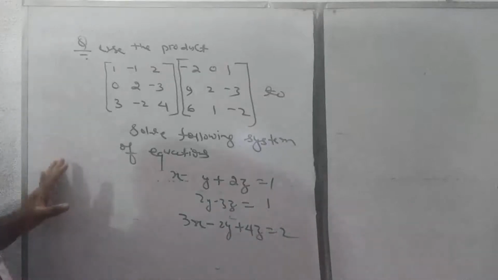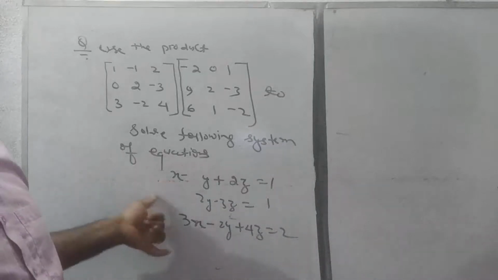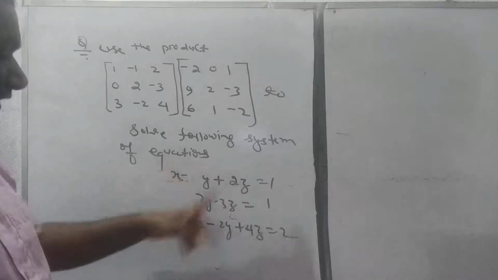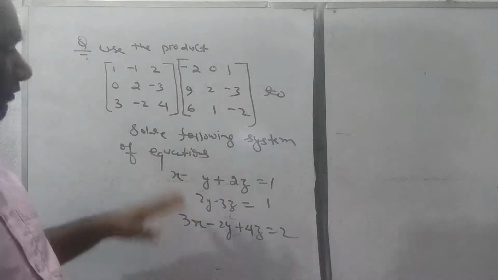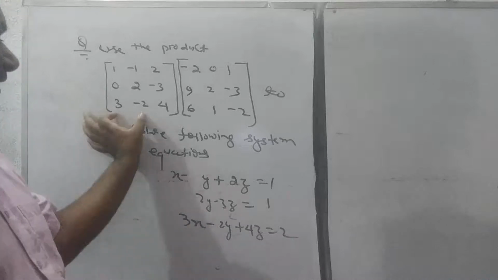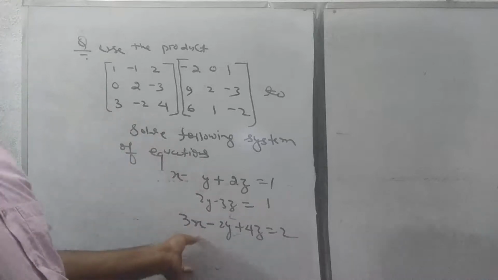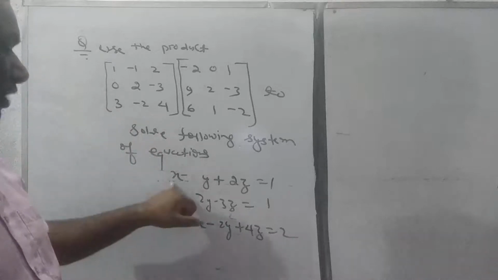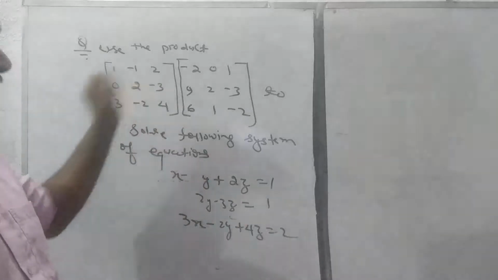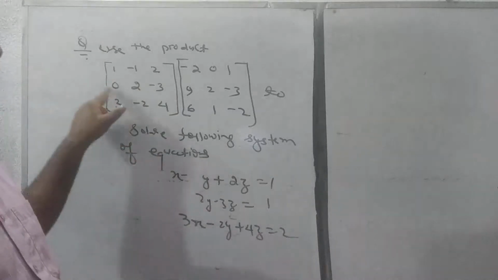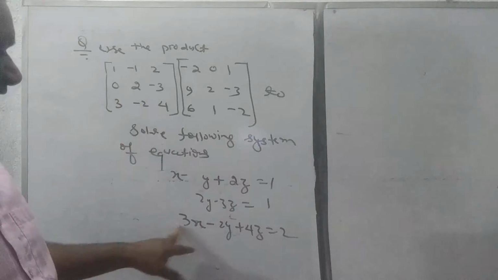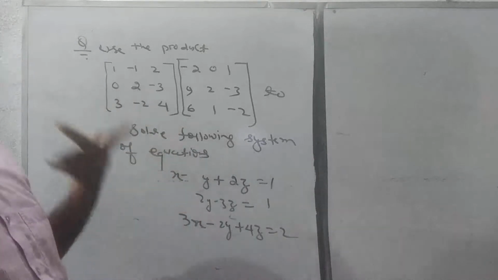You all know that for solving this question, we need A inverse of the coefficient matrix. If you look closely, the first matrix itself represents the coefficients of the given equations: 1 minus 1 2, 0 2 minus 3, 3 minus 2 4.